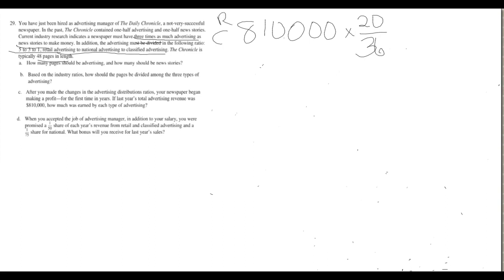This is retail. I'm going to put R for retail. So when you multiply that together, 20 pages of this 810,000 was retail, and when you multiply that, you get 450,000.